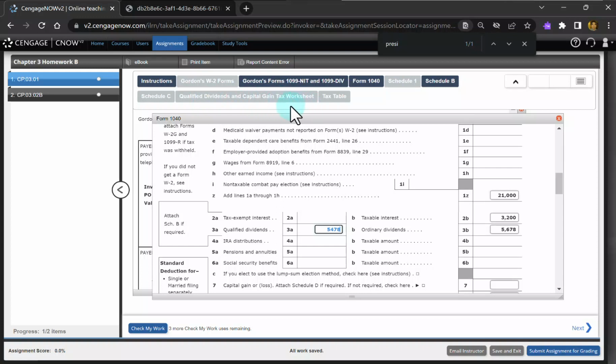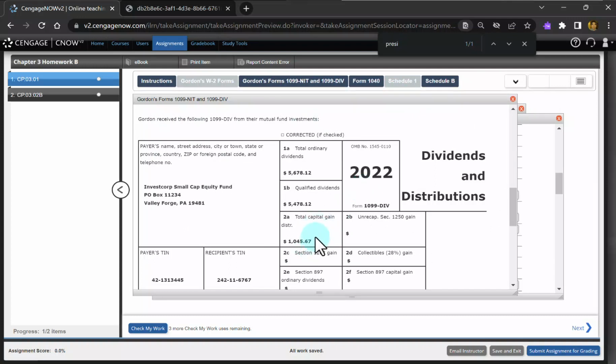Now, looking at that 1099, there's a third number here, which is capital gains, also taxed like this qualified dividends, but it's not included in here. Remember, this number, qualified dividends, is included inside here. This number, capital gain distributions, is not included in any of these numbers here.